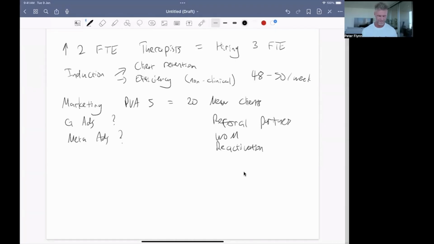Word of mouth, that's something that can happen a lot quicker and it can be refined, implemented. You can look at all different ways of doing that, but put a number on that. It's really clear whether you've hired someone or not. It's yes or no. It's quite binary, so that's simple. And with the induction, we can look at it and go, what key parts of that do we need to refine in order to make that an absolute no-brainer and something that can really help to improve our client retention and our efficiency really quickly.